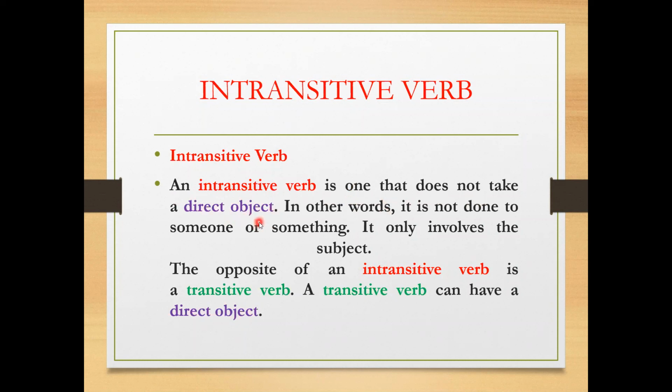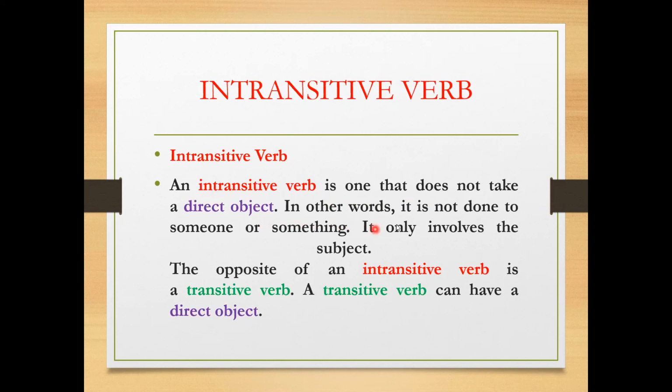And what is a direct object, dear students? If you recall, a noun or a pronoun which comes after an action word is called a direct object. So the definition is: an intransitive verb is one that does not take a direct object.